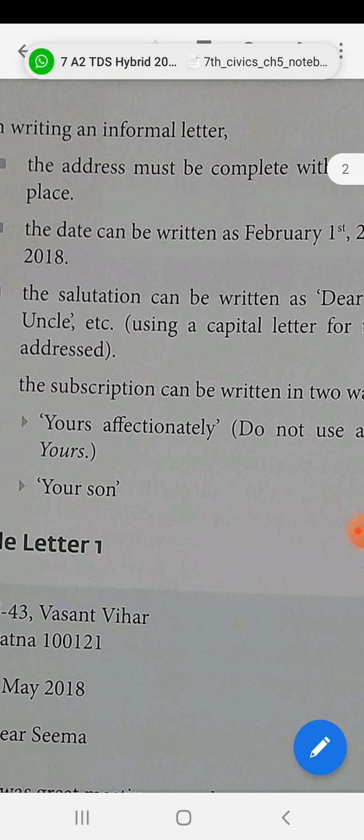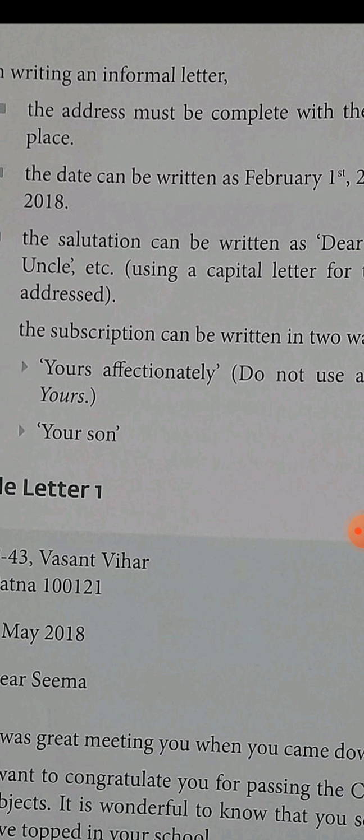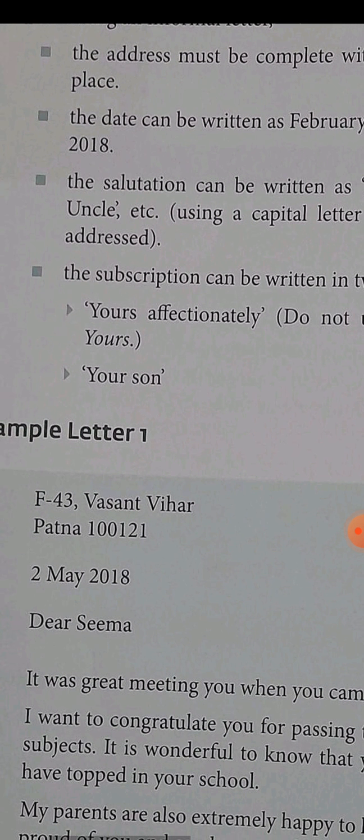You have to remember one point, that when you are writing Yours affectionately, you will not write an apostrophe s. You will write s, but you will not use the apostrophe. So these are the two subscriptions.